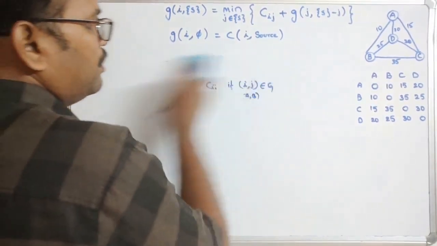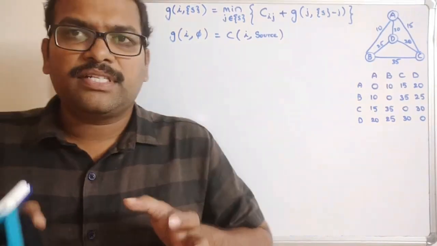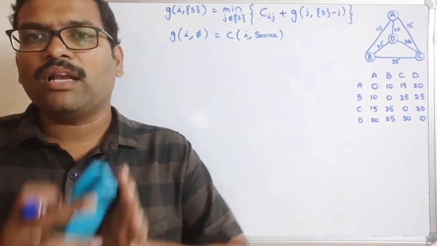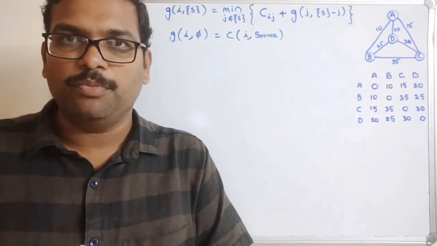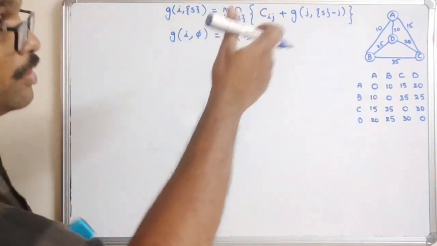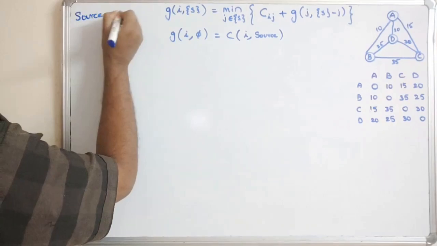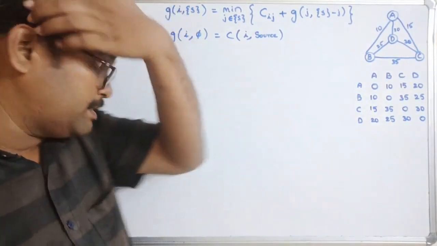Now, let us start with the set 0. Okay, if the set contains 0 elements, what are the different possibilities? If the set contains one element, what are the different possibilities, different edges? Now, we'll select the source. So, I'll write source as A. A is a source vertex.